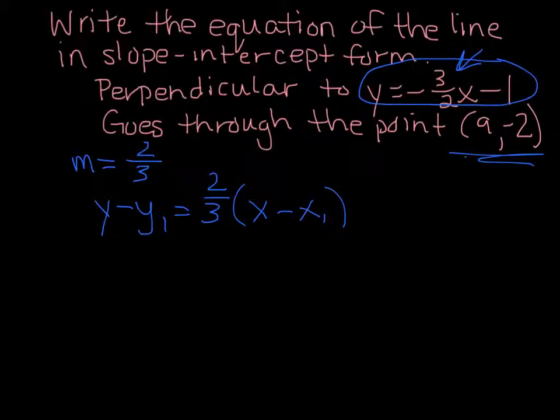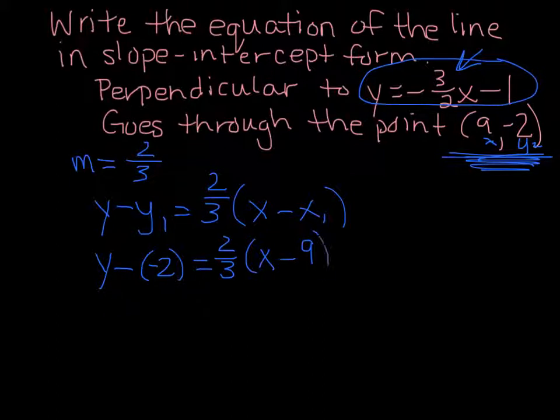Now I need to finish the equation, so I need to get it in slope-intercept form, so I'm going to plug in the point (9, -2). So I'm going to plug in 9 for x1 and negative 2 for y1. So y minus negative 2 is equal to 2/3 times x minus 9.